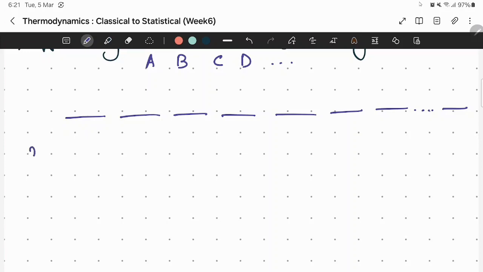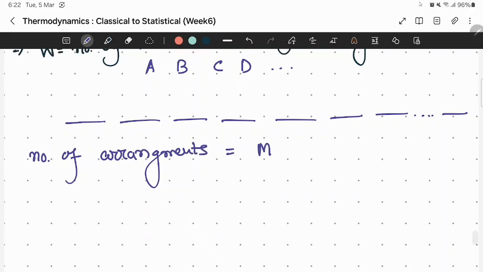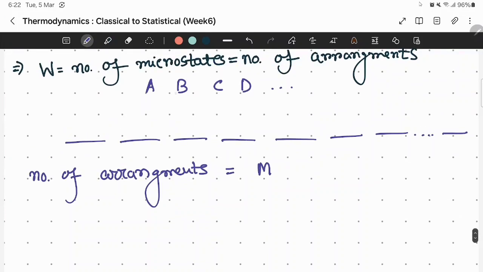We are finding out the number of arrangements. For the first particle, it will be just m, the number of states. But for the second particle, B, it will be m minus 1. No, sorry. For B, it is also m.